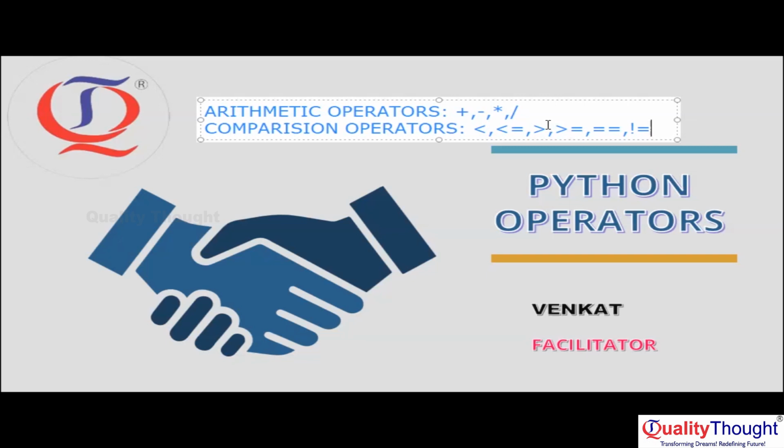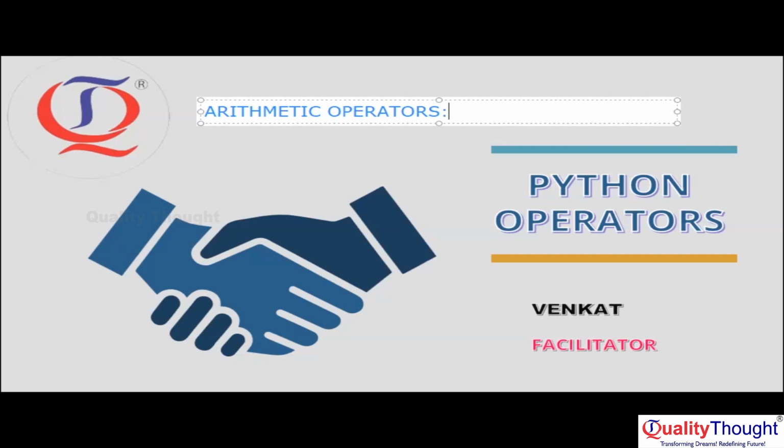So firstly, we have to understand what we mean by operator. Firstly, we have to define what we mean by operator. In order to define an operator, basically it's a symbol.